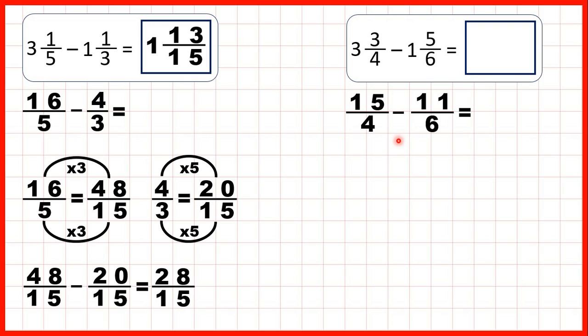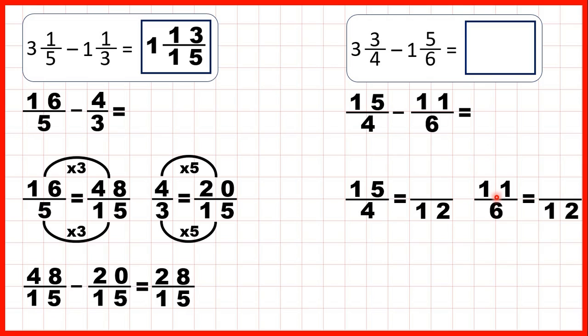So 12 is the lowest common multiple of 4 and 6, because it's the lowest number that's in both times tables. So we can find equivalent fractions for 15/4 and 11/6, which have a denominator of 12.